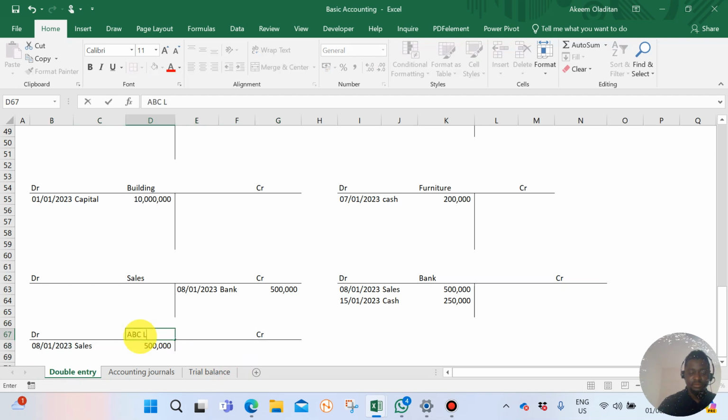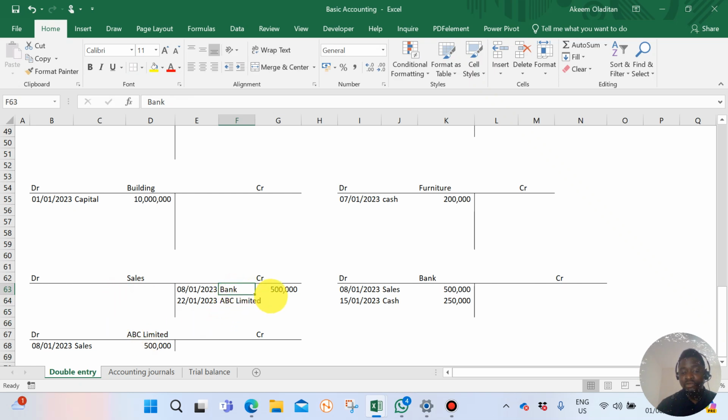We said we sold goods on credit. Don't forget, when you sell goods on credit, it is credit sales. Who did you sell it to? ABC Limited.